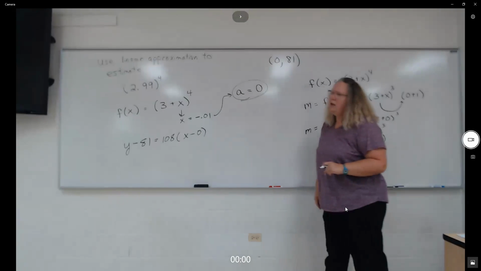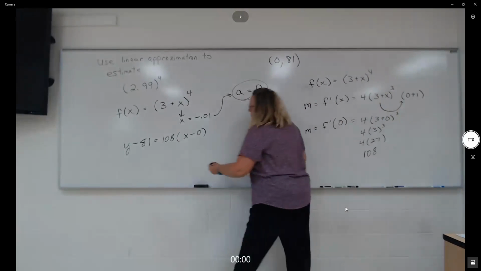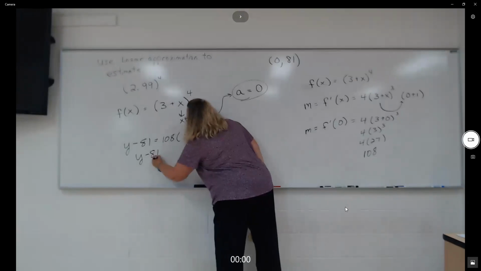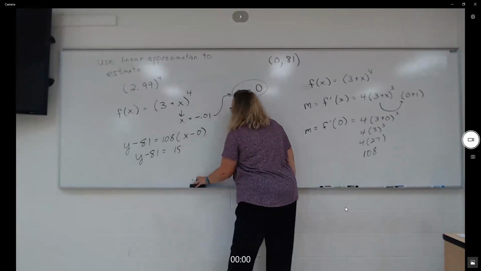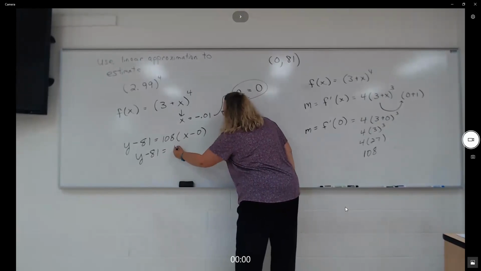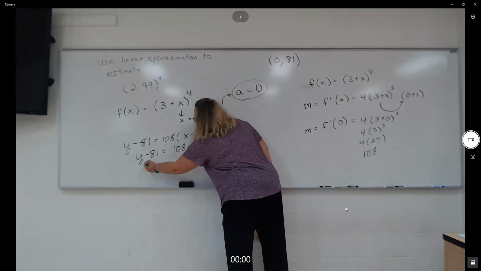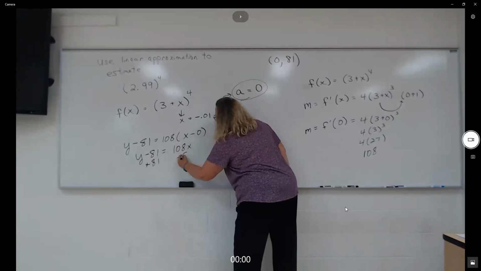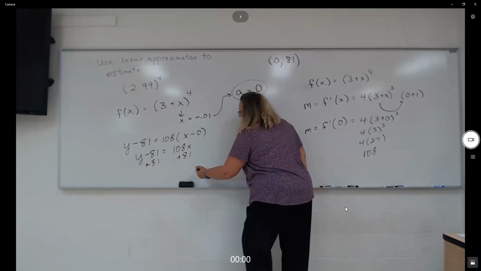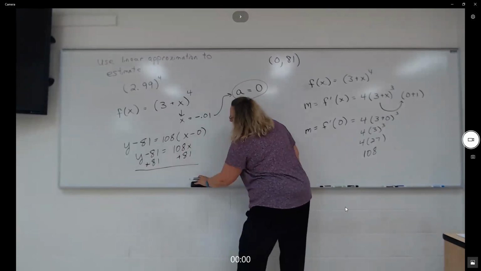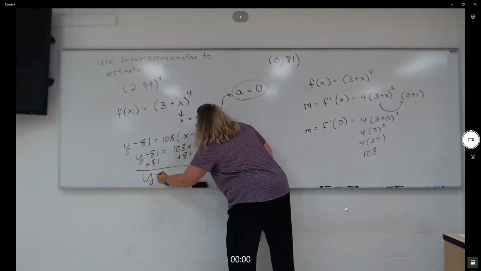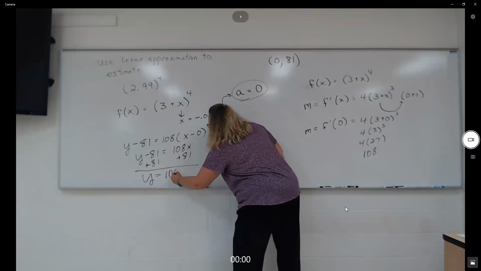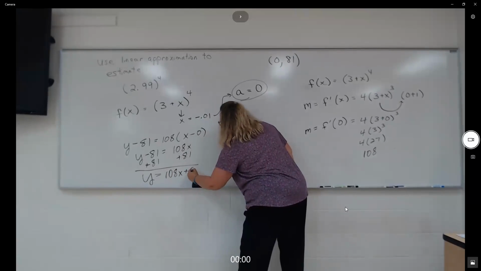Okay, so we don't really need the minus 0. Equals 108x. And then we can add 81. And so we've got y equals 108x plus 81.